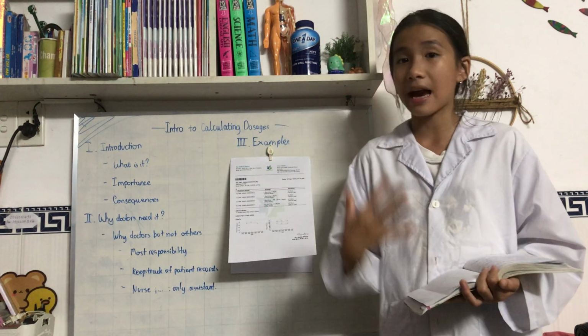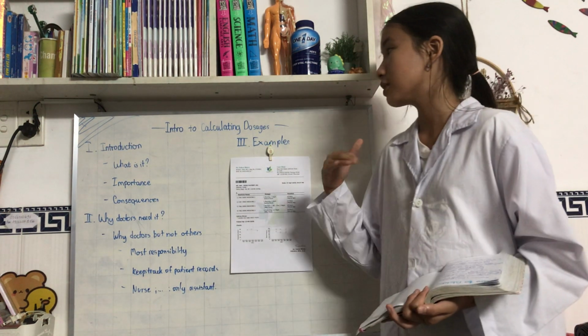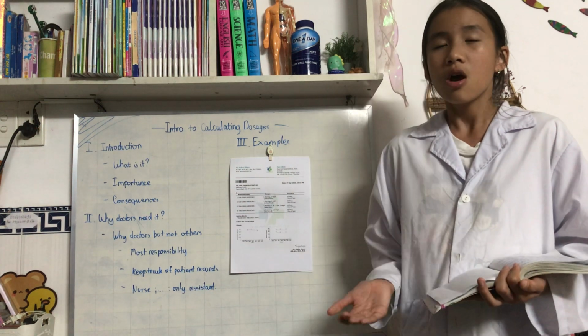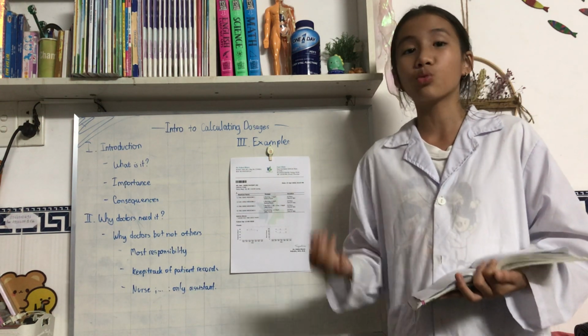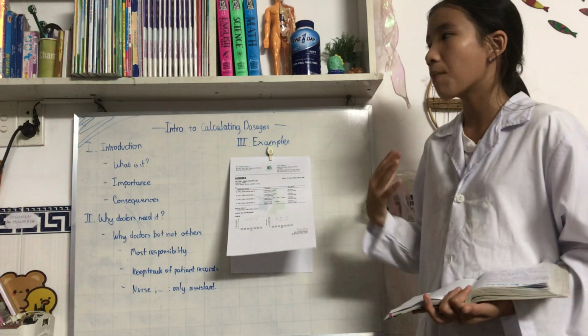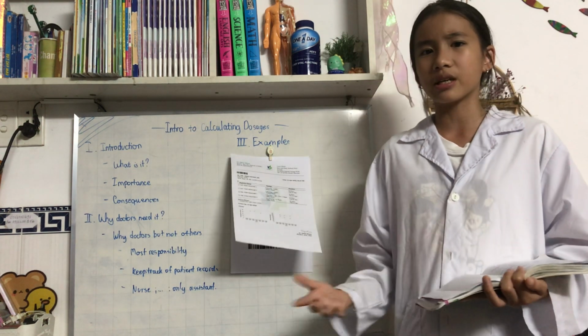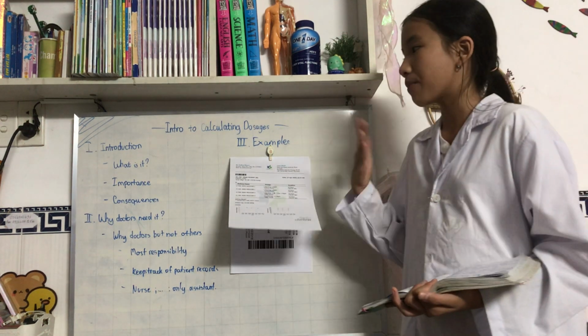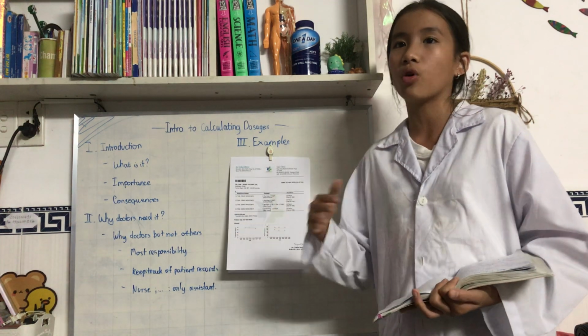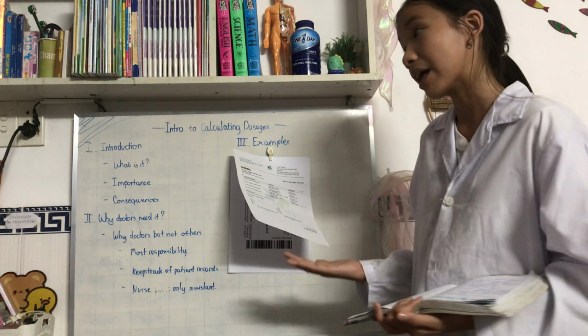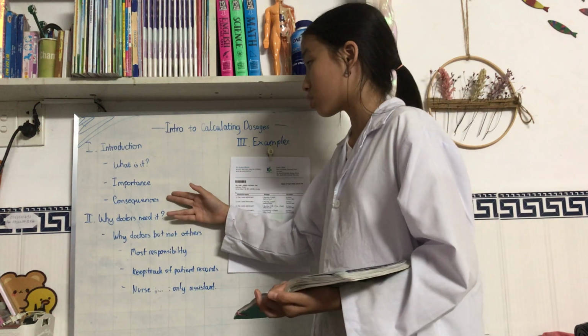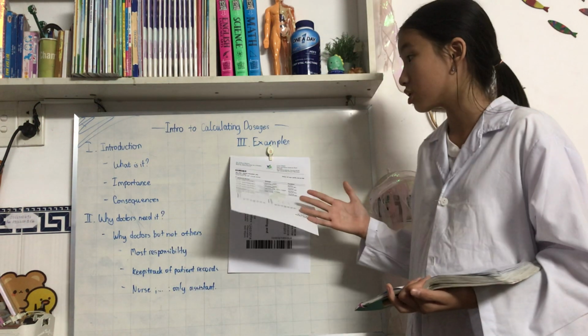The importance of calculating dosages. Why is calculating dosages important? Well, calculating dosages will ensure that we don't make any mistakes. It prevents us from making potential medical errors, for example, ineffective treatment plans. And what are the consequences of miscalculating the dosages?